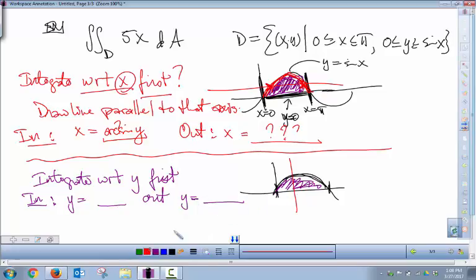So you go into the region when y is equal to what? So it goes into the region at this graph, y is equal to 0. You're going to be inside of the region, and then you're going to get out of the region when y is equal to what? Sine x. So those are the two functions that you're going to have for your y limits.